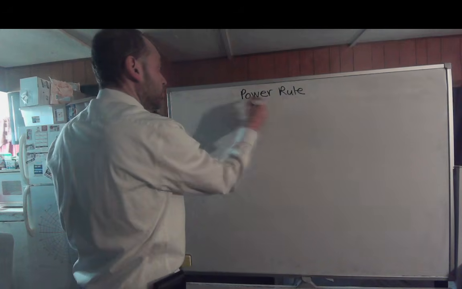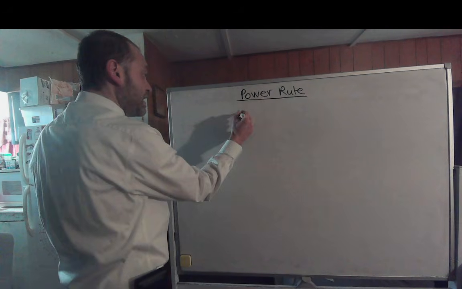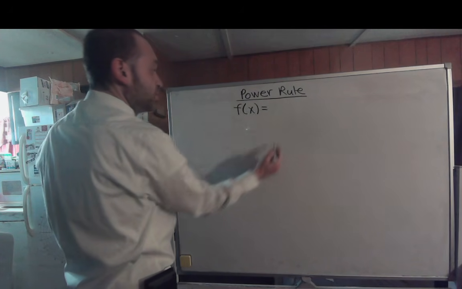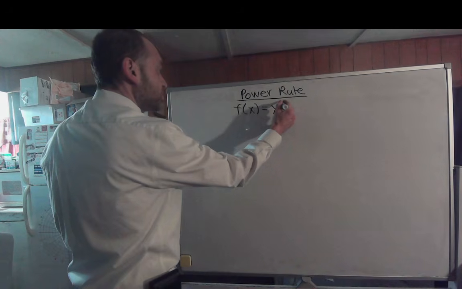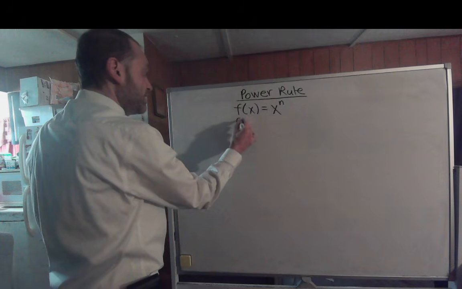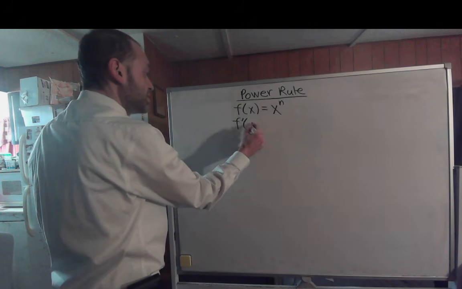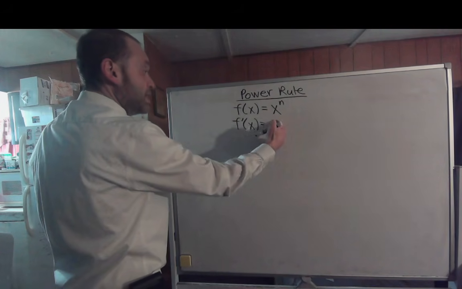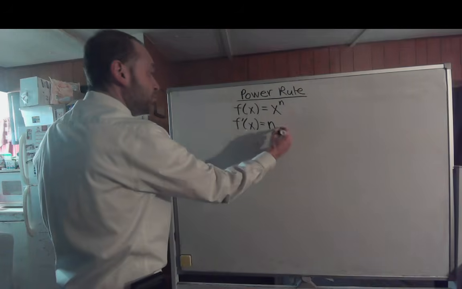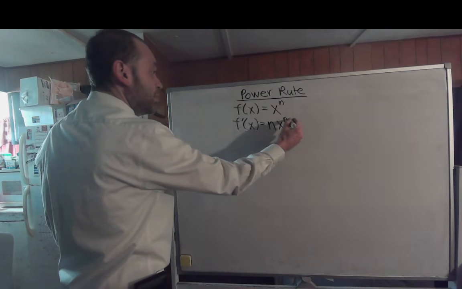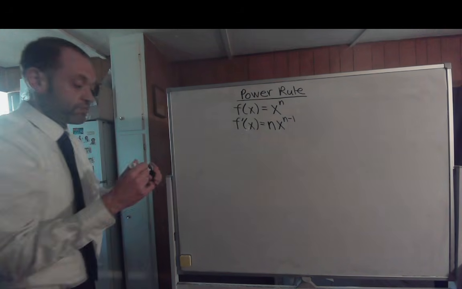The power rule states that if you have f of x equal to some function of x raised to the n power, the derivative f prime of x is then equal to bringing down that power of n in front, multiplying it by the x raised to the n minus 1 power.